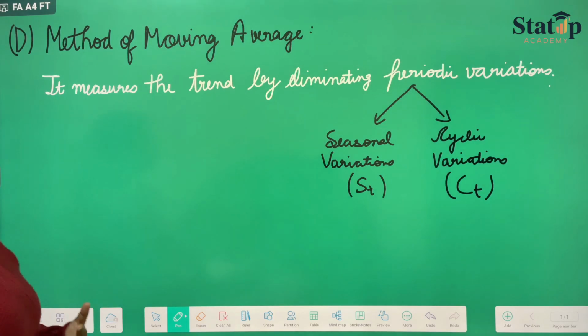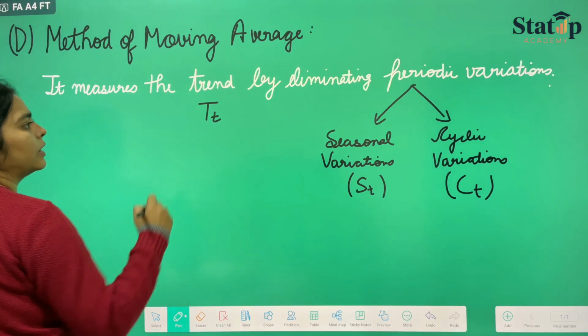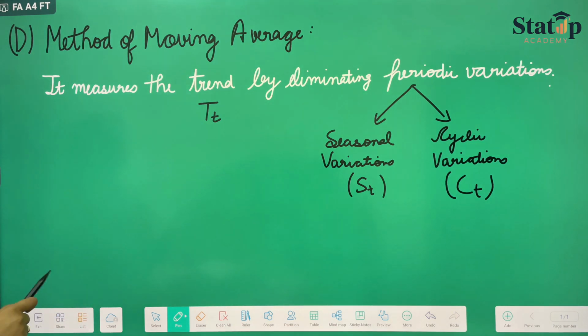So in this method, we will measure the trend, but first we'll eliminate the periodic variations from the graph, and then we'll be left with trend and random component or irregular component. That random component or irregular component may or may not be present. So we are only left with the trend value, which is represented by capital T, T at the time T. So this is the method of moving averages.